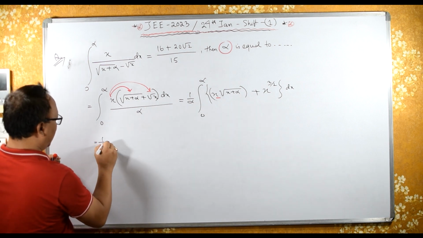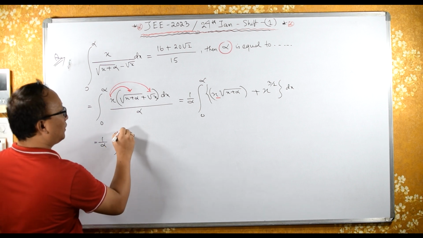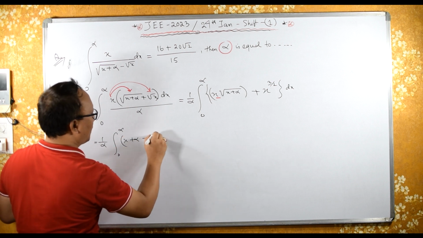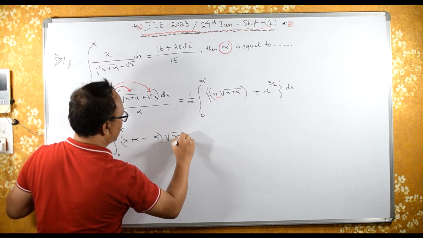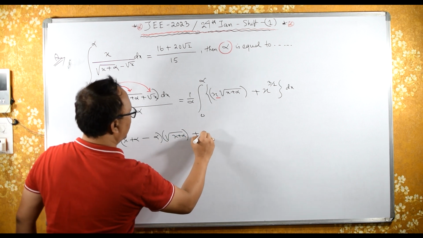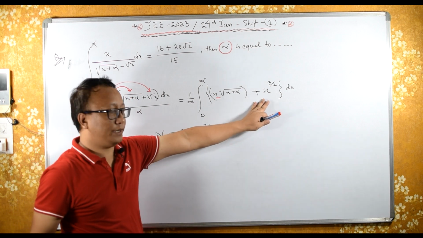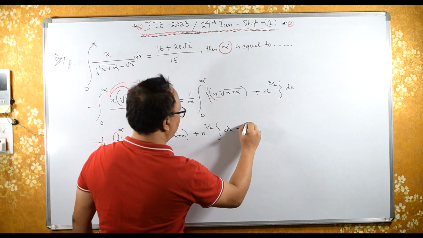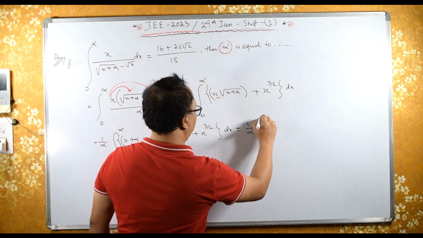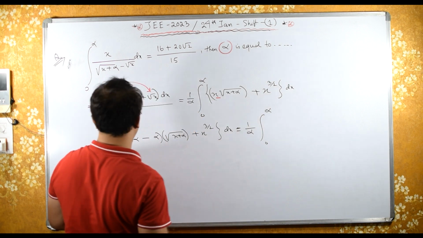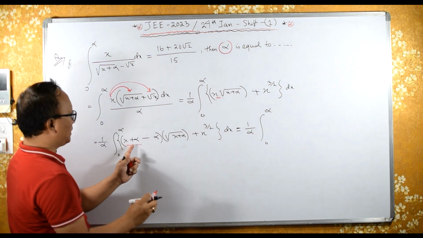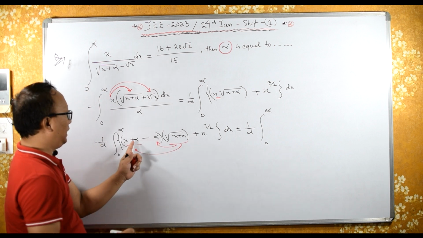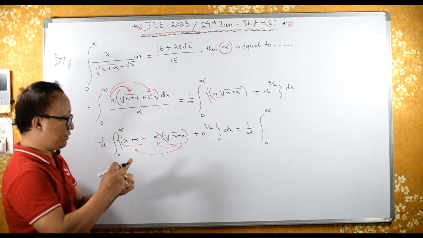Let's use this trick so that we can get this integration within a few seconds. This is 1 by alpha, 0 to alpha, instead of x I can write x plus alpha minus alpha, into square root of x plus alpha, plus x raised to 3 by 2 dx. This part of the integration is very easy. Here x plus alpha raised to 1, 1 plus half is 3 by 2.